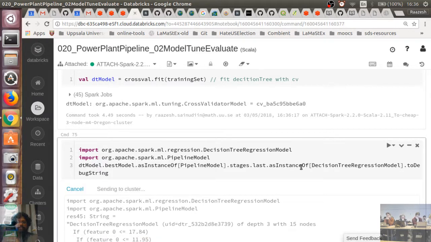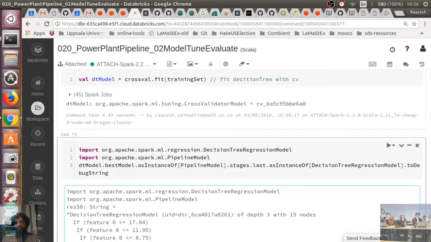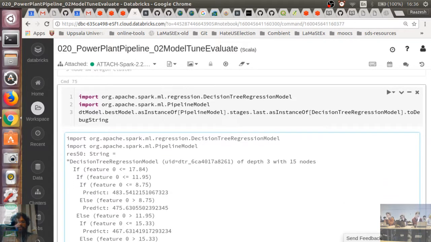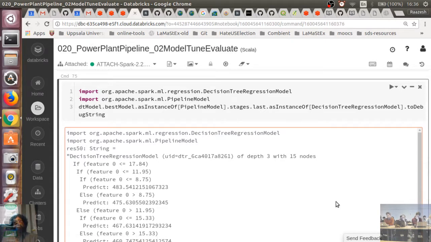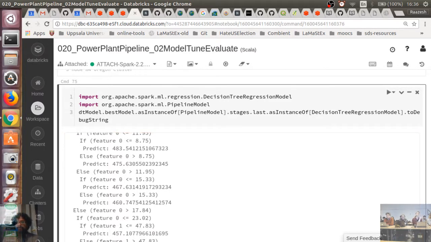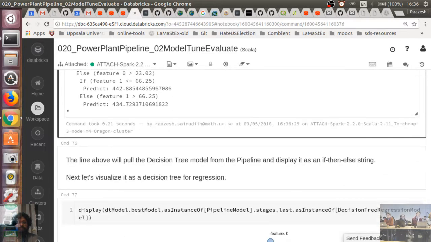So now let's look at the best model that came out of these 2 depths. So depth 3 with 15 nodes apparently is the best tree. I'm just asking it to report the best tree as a string, and then it gives you the if-then statements, right? Feature 0 was, I forgot, temperature or something. Right, so it's telling you where it should split and so on.